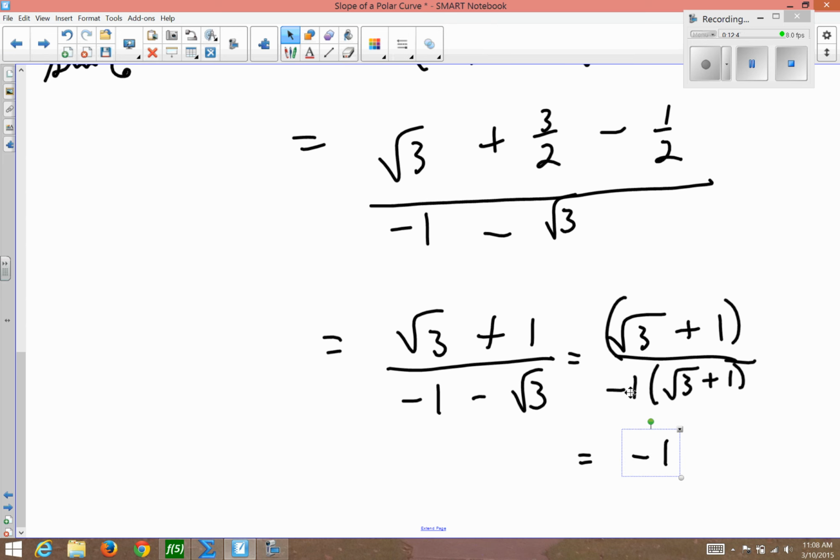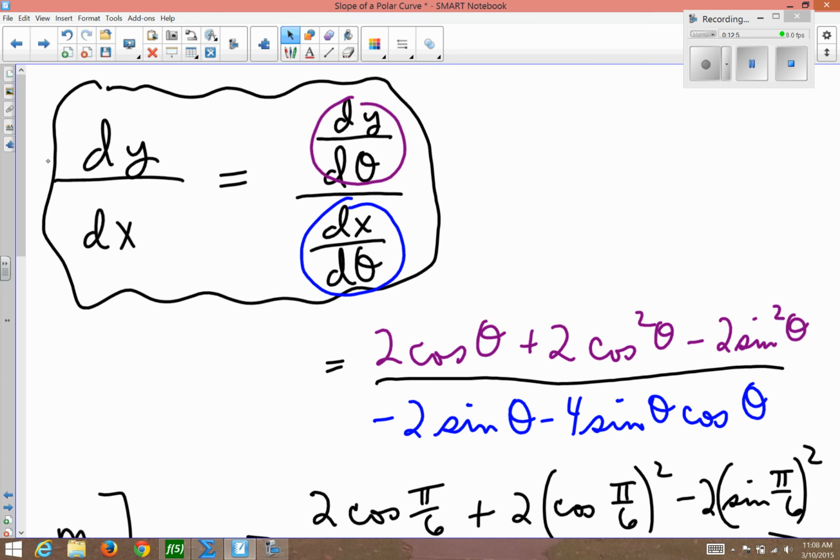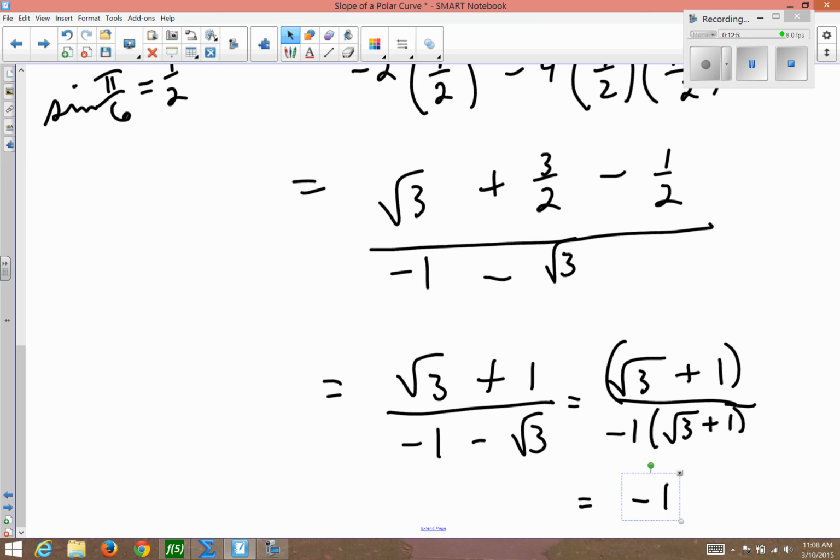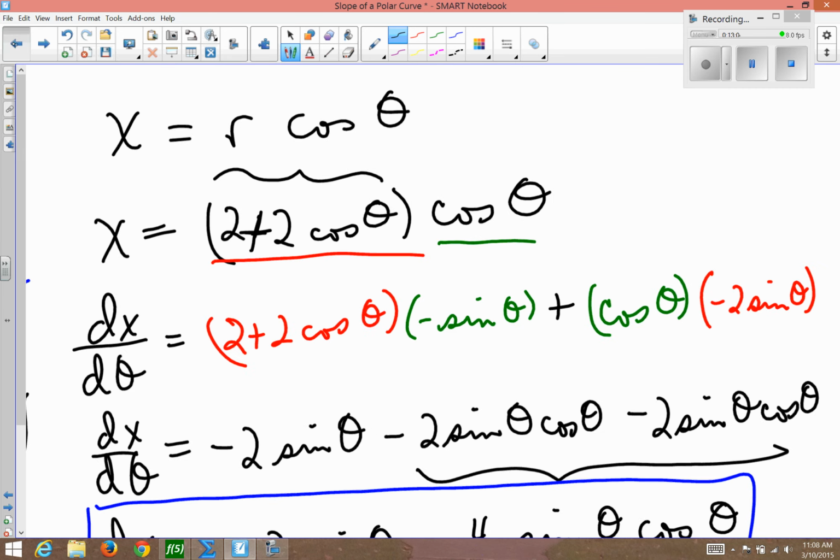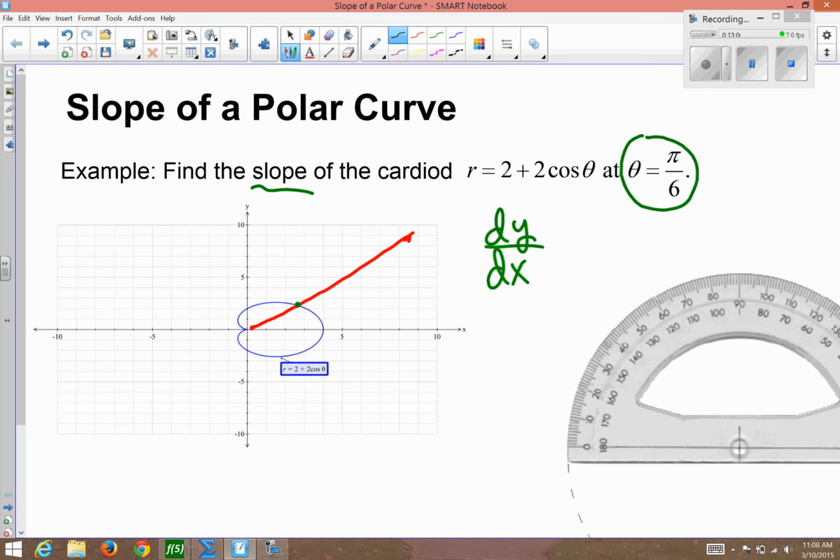That's the slope of the cardioid. Negative 1 is the slope of the cardioid at pi over 6. Let me get back to the original picture. We draw a tangent line to this cardioid at that green dot. The tangent line has slope negative 1.